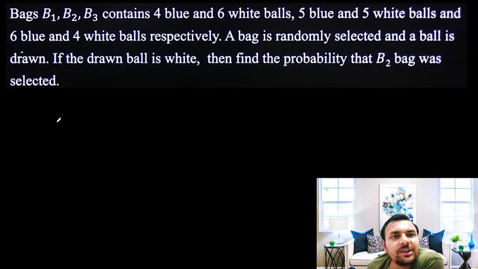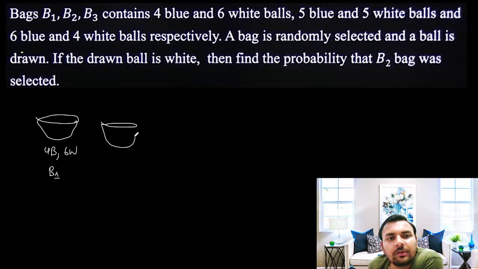B1, B2, B3 contain blue and white balls. Okay, so we have to draw like this. This is B1, B2, B3 bags. They are different bags. 4 blue, 6 white. This is B1. This is B2: 5 blue, 5 white.